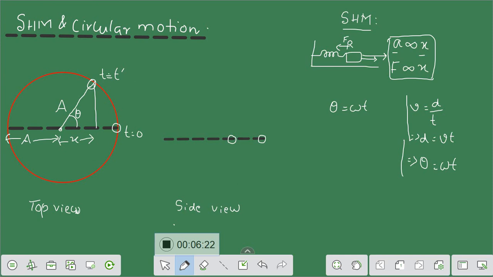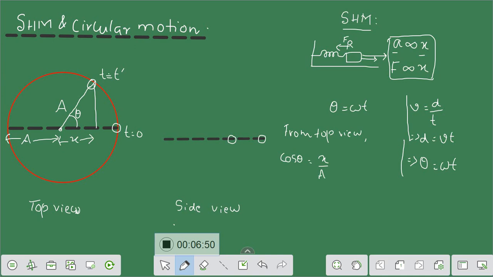what we can have is we can write down what is cos of theta, and let's see what is cos of theta here. So it will be nothing but b, that is the base, divided by the hypotenuse. So we can say this can be written as x divided by a, or merely the displacement can be written as x is equal to a cos of theta.